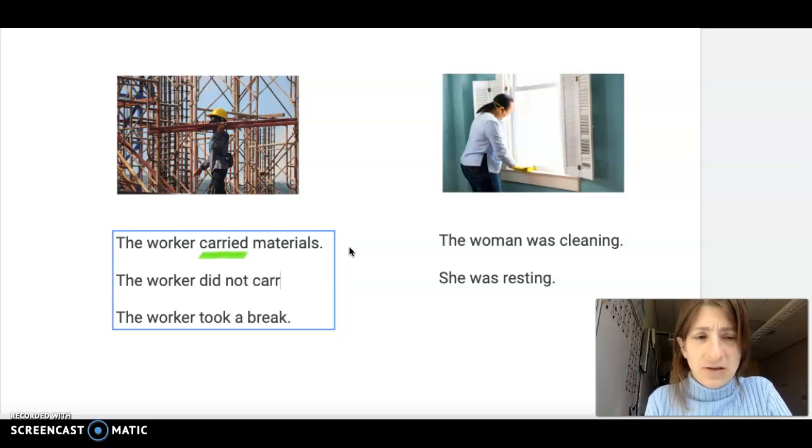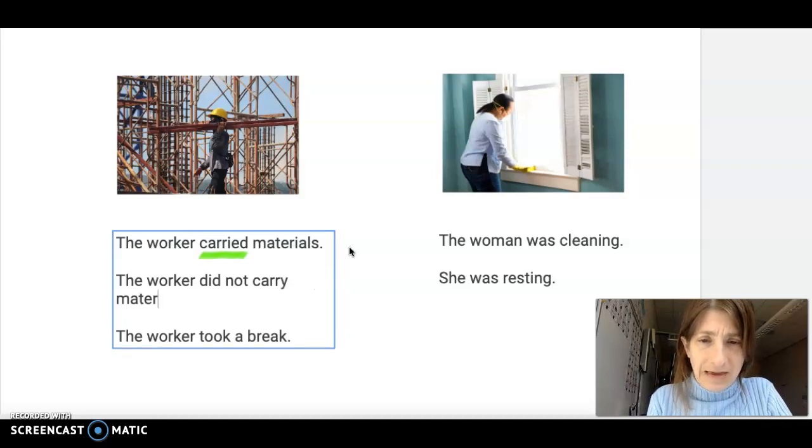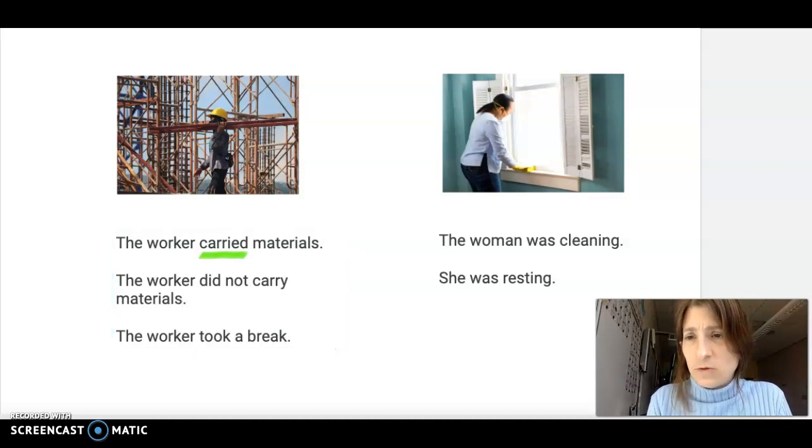And then I don't need the word carried with the suffix. I change it back to the regular verb carry. So let's check it. So I would say the worker did, there's my helping verb, but in the past. And then I have the word carry here with the word not in the middle.